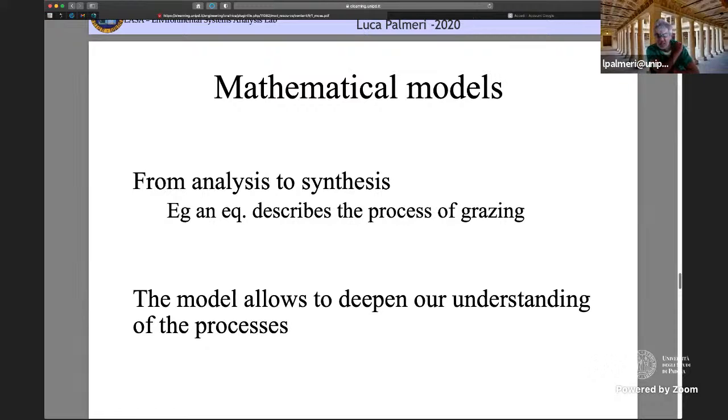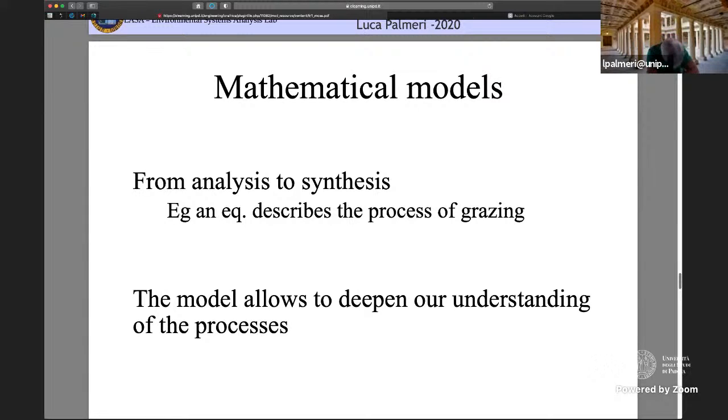Grazing is the typical process that herbivores do in order to feed themselves. So we may find an equation that links the process of grazing to the effect of this process on the increase of the mass of the body of the animal.